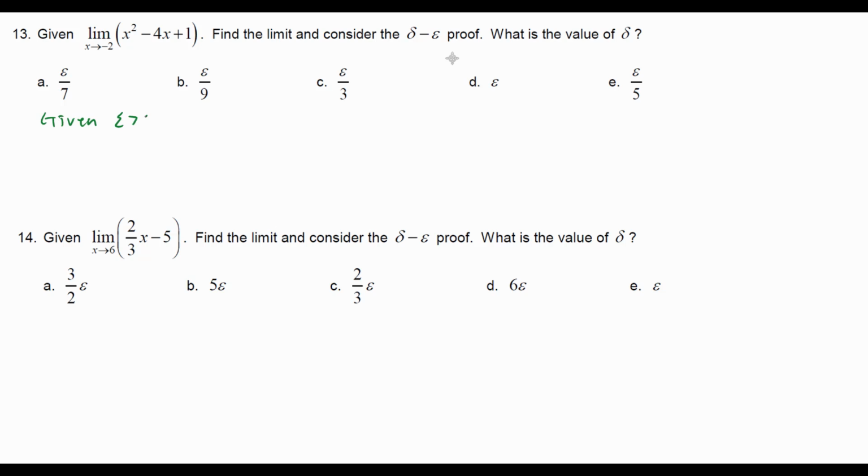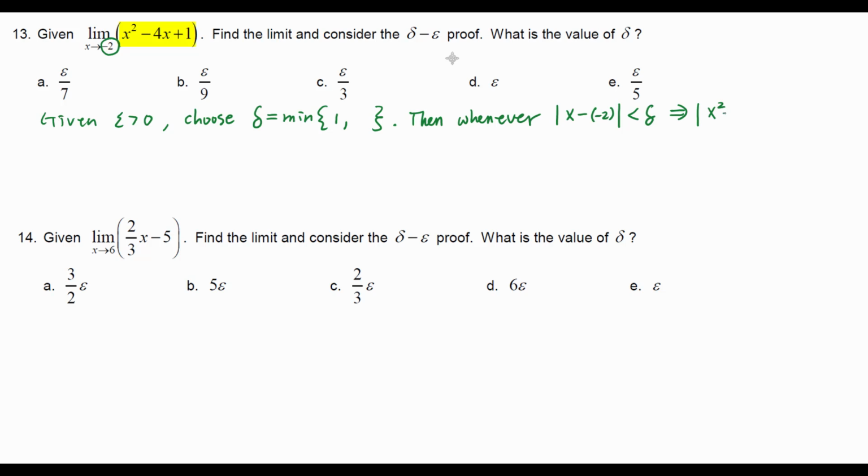Given epsilon greater than 0, choose delta to be equal to the minimum of 1 and the value to be found. And we are choosing that, of course, out of the A, B, C, D, E choices, since we don't have a 1 there. Then, whenever the absolute value of x minus c, our c this time is negative 2, is less than delta, it would imply the absolute value of f of x, and our f of x is x squared minus 4x plus 1, minus L is less than epsilon.